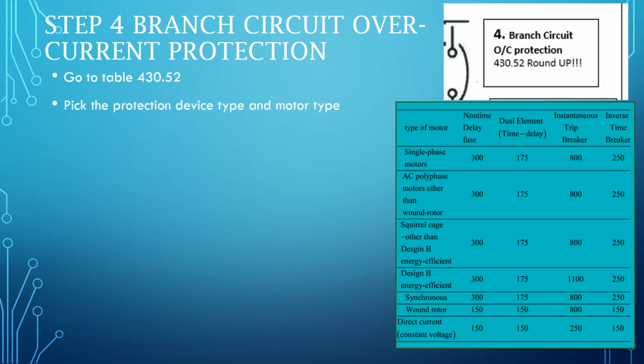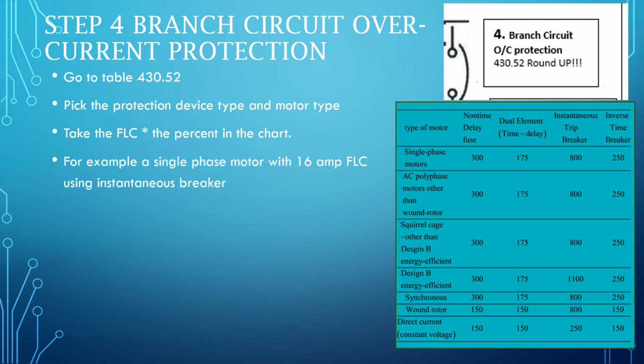So we're going to go to table 430.52. We're going to pick the type of protection device that we're using, whether it be instantaneous trip or inverse time breakers or some type of fuse. We're going to take the full load current that we found earlier, and multiply that by the percent in the chart, whatever percent it is for that particular kind of breaker.